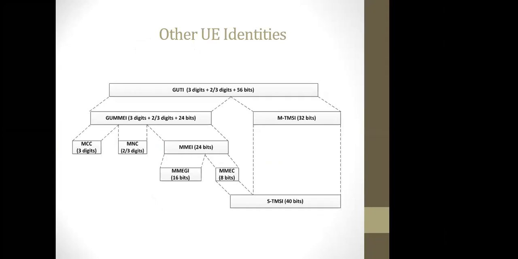And we showed that the UE has a very large identity, GUTI, which also includes a part from its MME, the MME which is currently handling the UE, or which has allocated the GUTI.